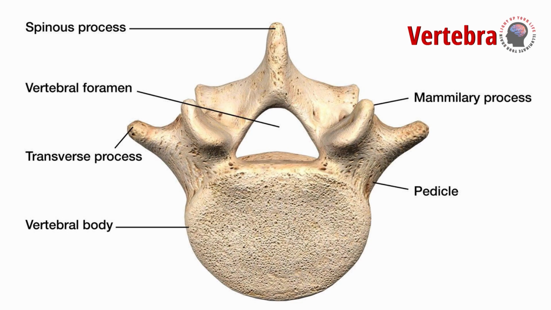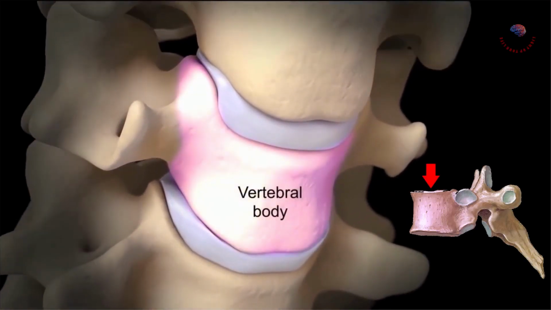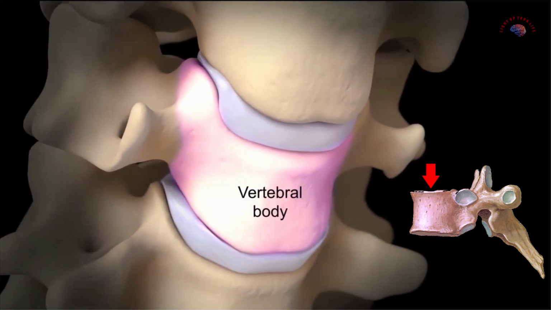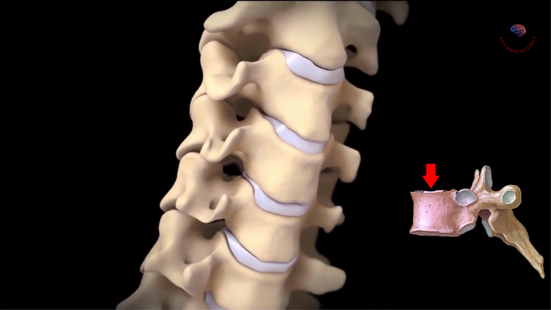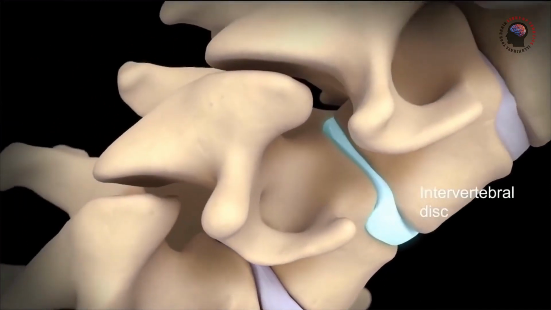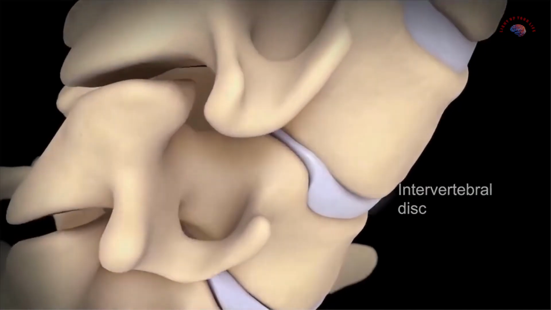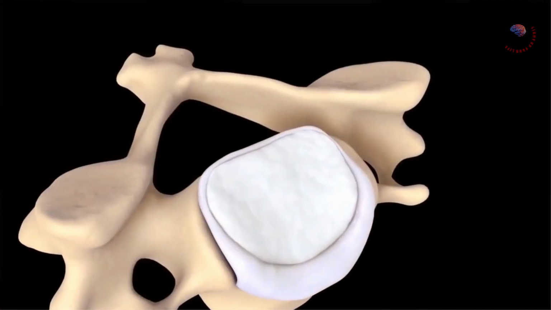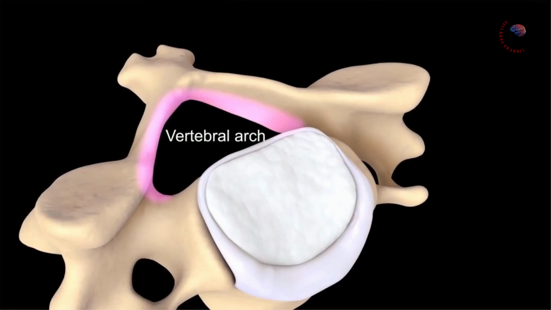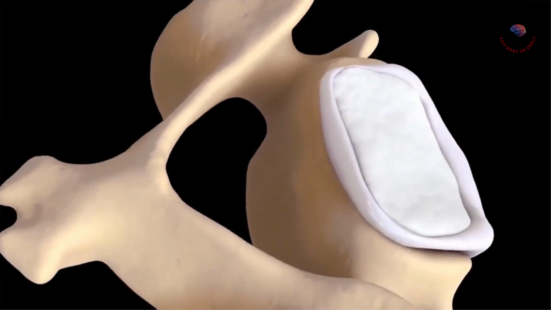Each vertebra has several key features, including vertebral body, the thick, disc-shaped anterior portion of the vertebra that supports the weight of the body. Intervertebral discs, cushion-like structures located between adjacent vertebral bodies, acting as shock absorbers, and allowing movement between the vertebrae. Vertebral arch, a bony arch that forms a protective ring around the spinal cord.